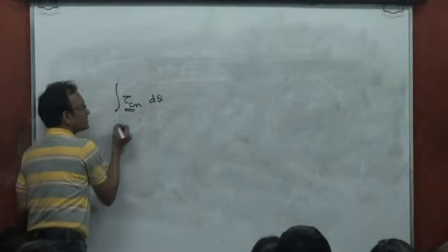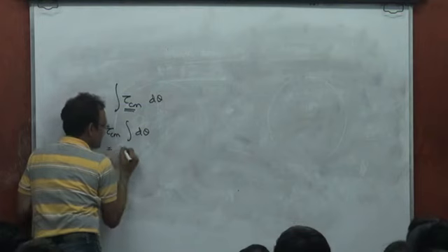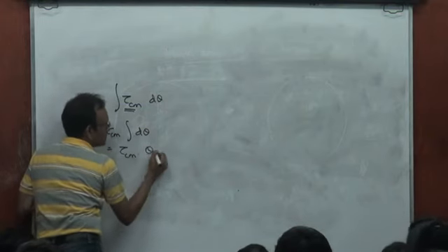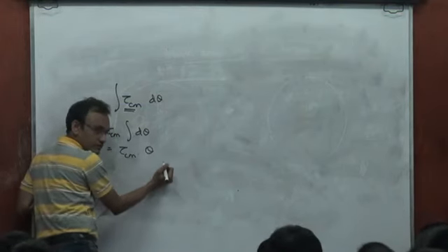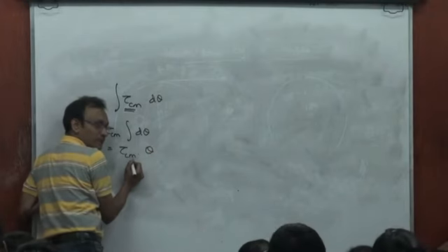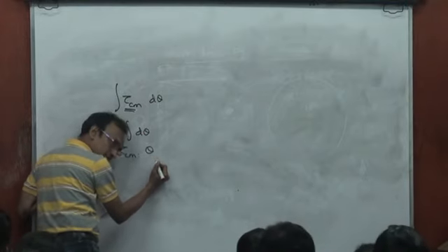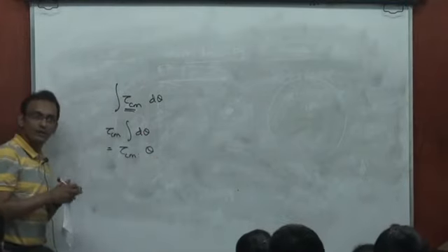If torque is constant, it will come out. It will be tau cm integral d theta, and the integral of d theta is the total theta rotated. So in case of a constant torque, the work done by the torque is tau cm into the total angle theta rotated. Right?